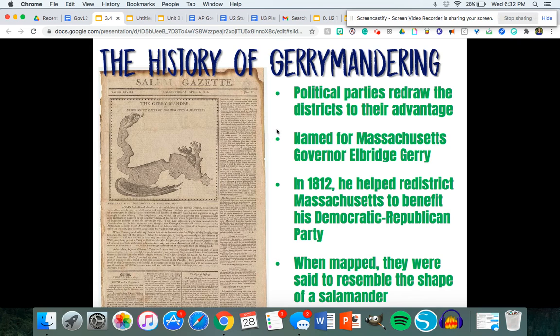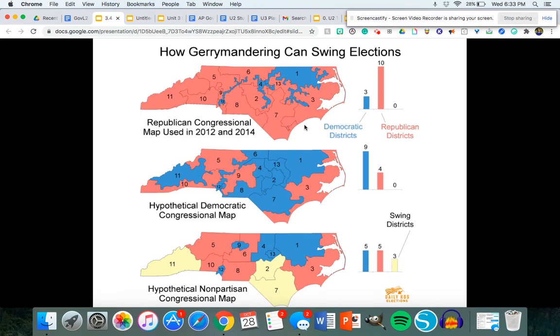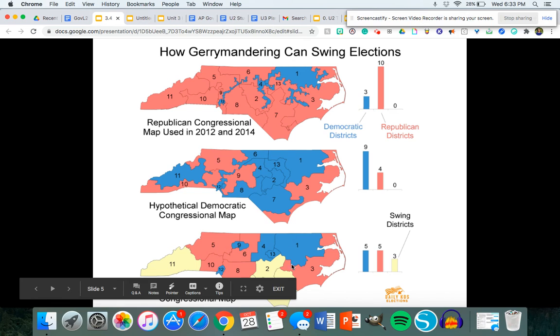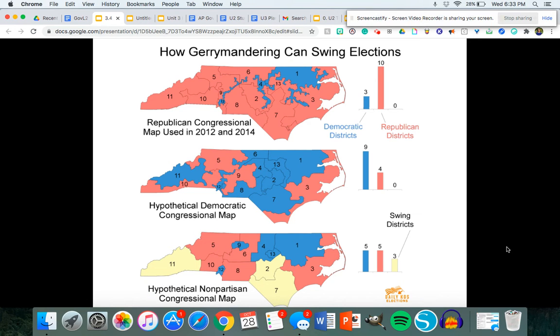So, in order to gain this advantage, these districts are redrawn in some pretty funky shapes in order to give that political party or candidate that advantage when it comes time for election in the House. Just to show you some of the impact that gerrymandering can have in terms of elections, I want to first point out this bottom picture.